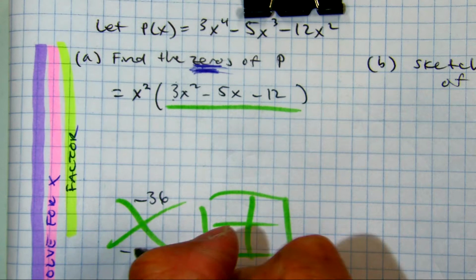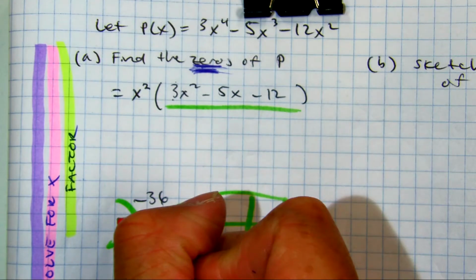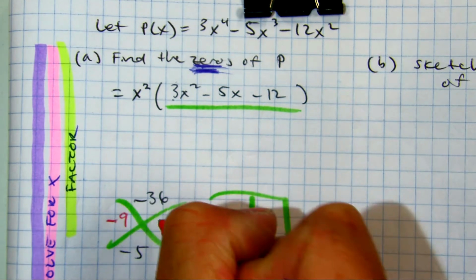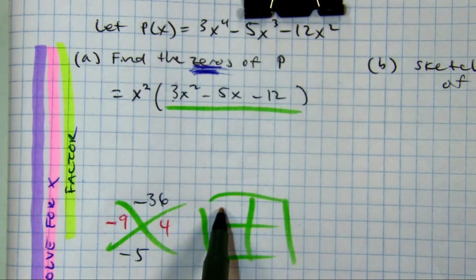Good. Raise your hand if you got those two numbers. Jen, help us fill out the box. The top left would be 3x squared.